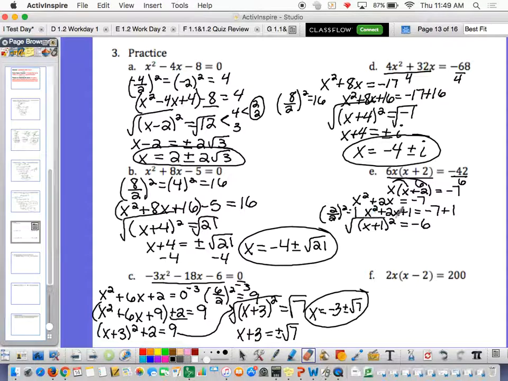You're left with x plus 1 equals plus or minus. 6 only breaks down into 2 and 3. So you can't pull any numbers out, but you can take out the negative by making it an i and leave the 6 underneath. You can never have a negative underneath the square root. You always need to pull it out as an i.